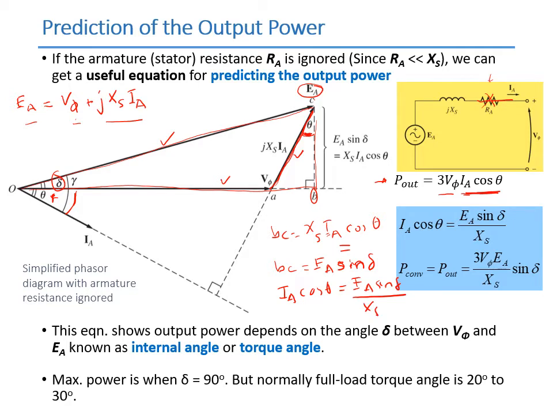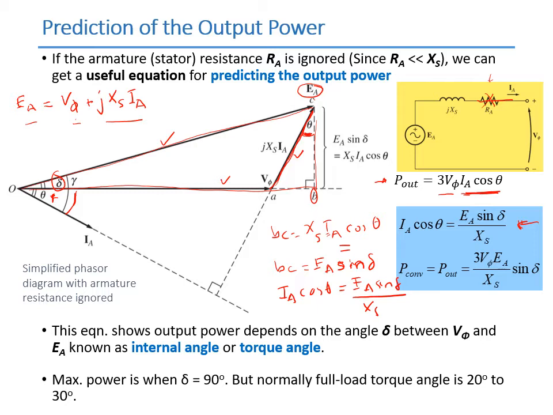And really, this is what we've got. If you look at the light blue box, these are the equations that we have derived just now: IA cos theta equals EA sine delta over XS. We used the phasor diagram and some trigonometry to work out this equation.